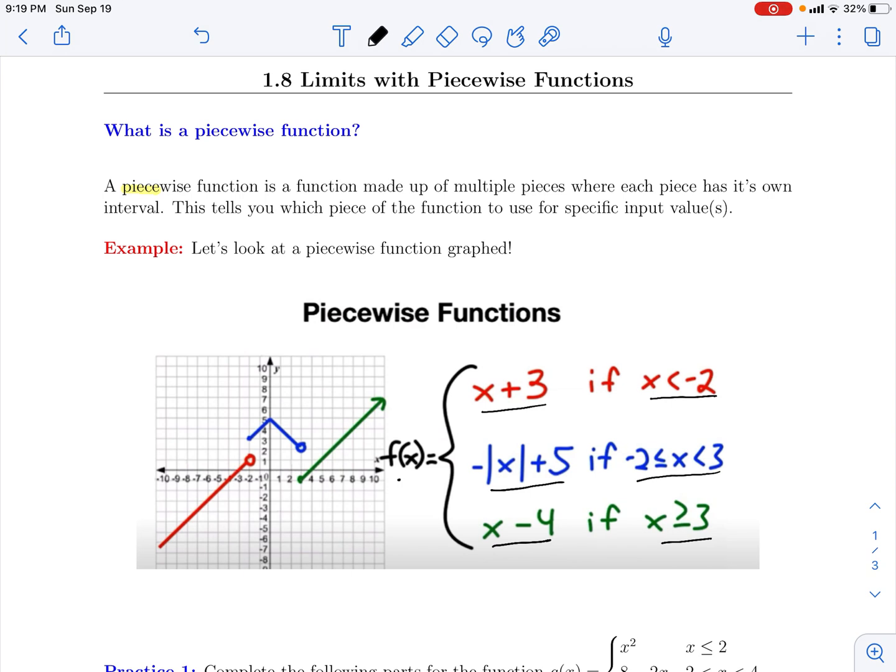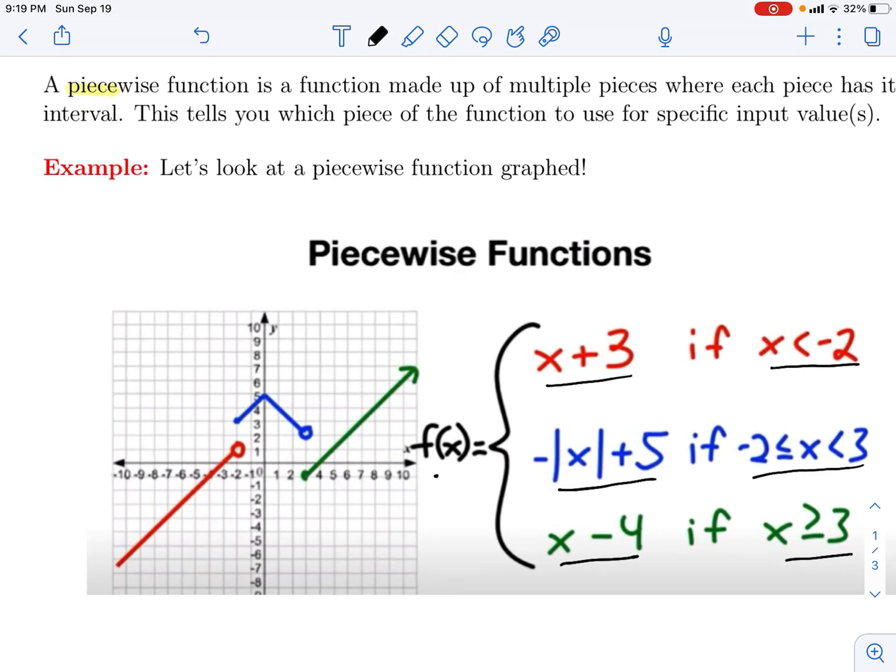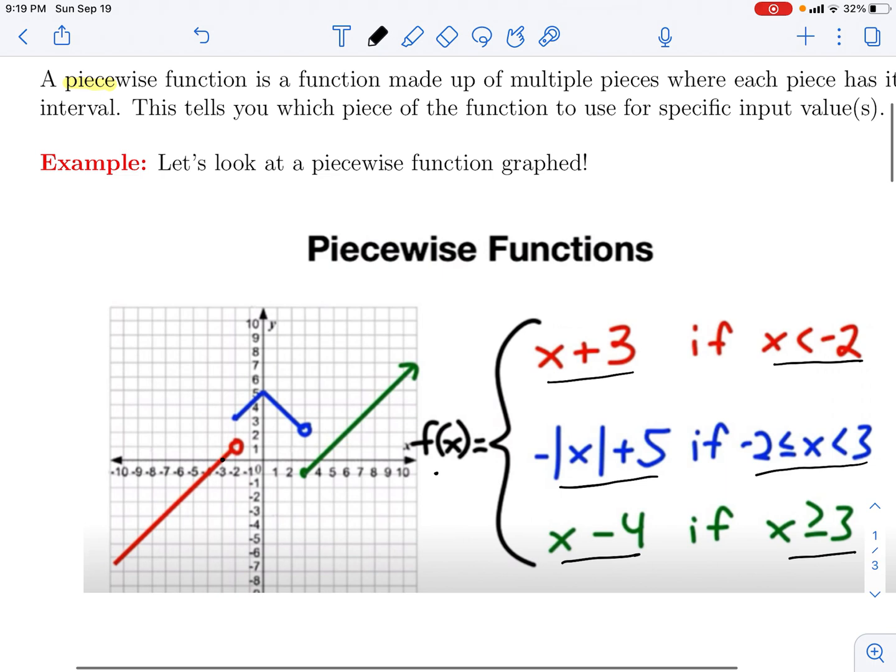For example, negative 3 is less than negative 2, and if I plug that in, I would get 0, which is why we have the coordinate negative 3, 0 plotted on that red piece.